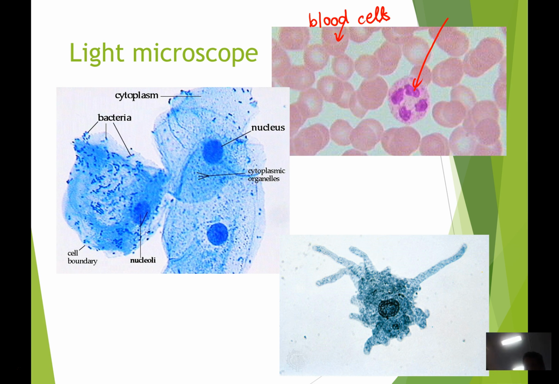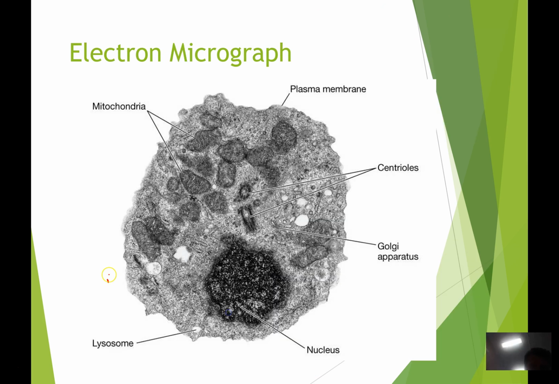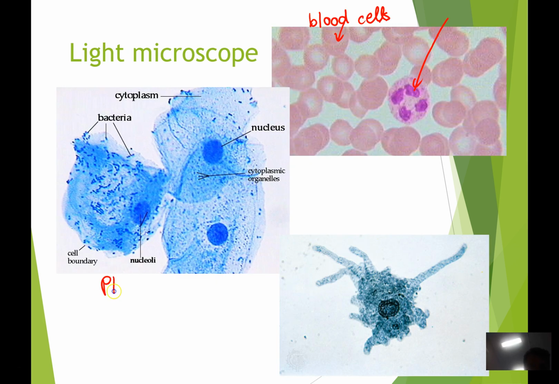Over here we've got some other eukaryotic cells. They're phagocytes. And then this is a dendritic cell.